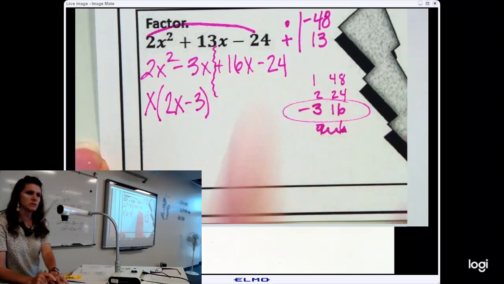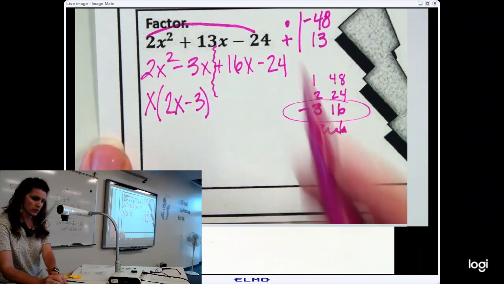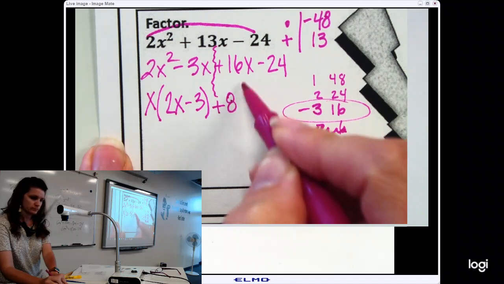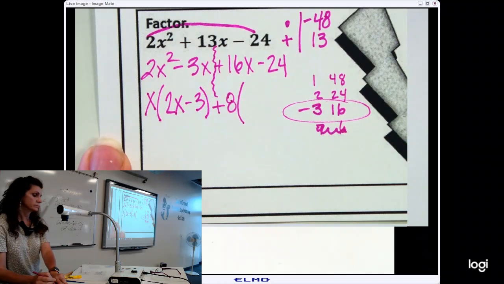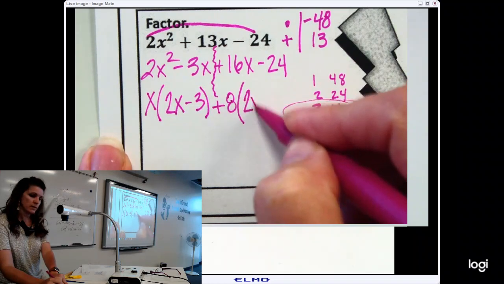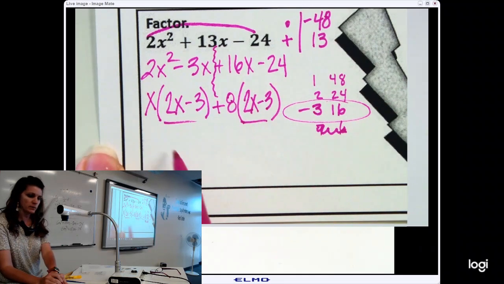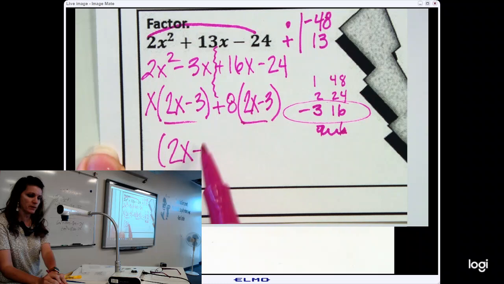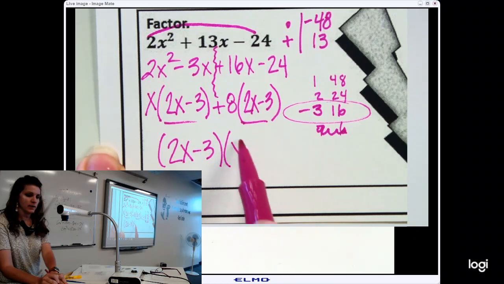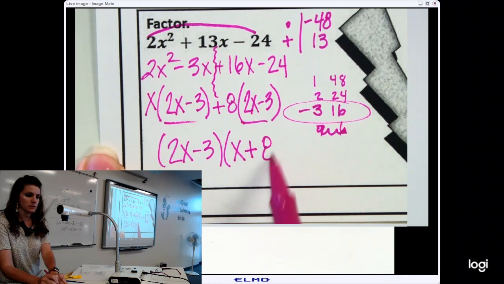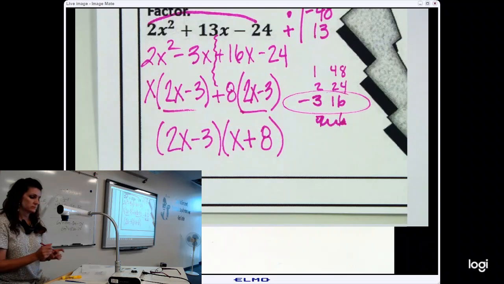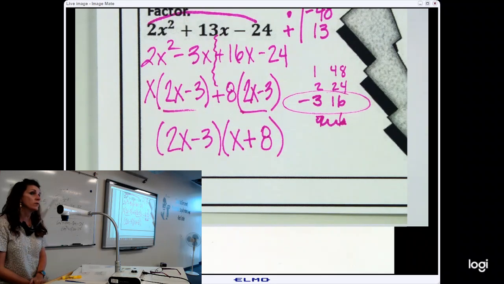What goes into 16 and 24? 8. Good. 2x minus 3. We know we did it right because those match. 2x minus 3, x plus 8. We'll save the solving for tomorrow. We'll just practice factoring today.